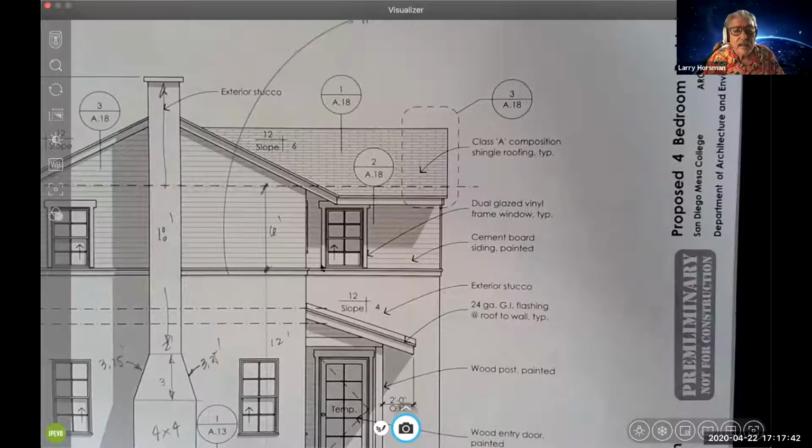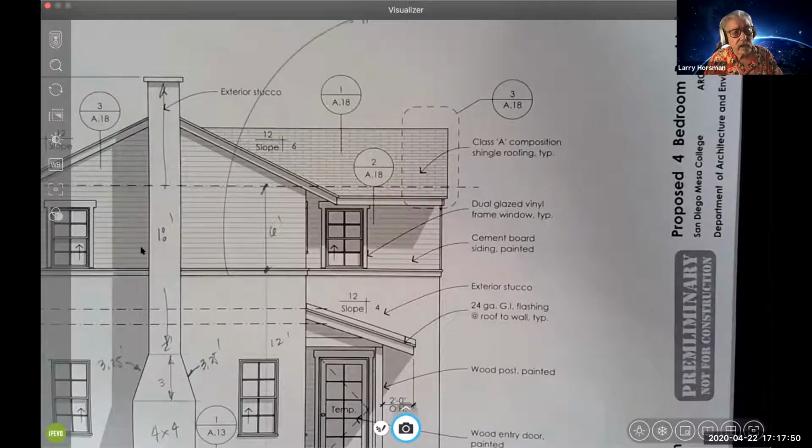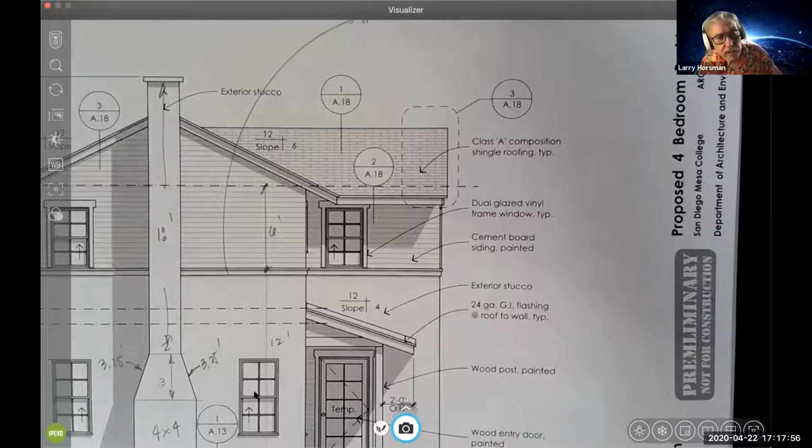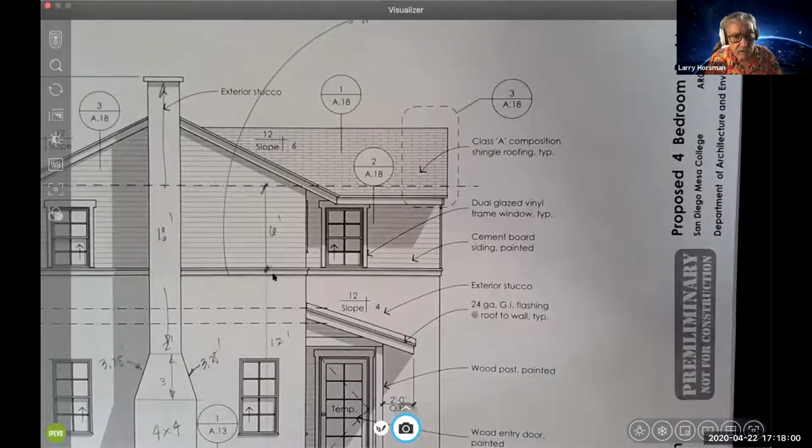And that's the type of stuff, like I said, that often gets overlooked and comes back to haunt you. So you'll notice that up above here, we have them. Down below here, there is no trim on the windows. And I'm assuming that's by design because this lower 12 feet or so is stucco.